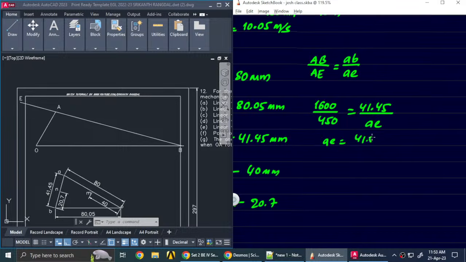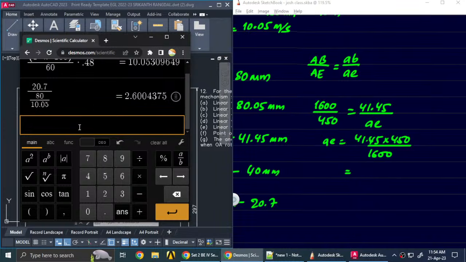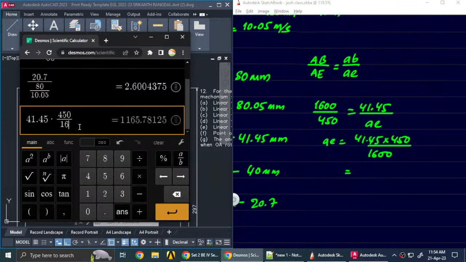So we will get it like this: 41.45 into 450 divided by 1600. So let's see what that length comes out to be. Alright, so that is 11.66.